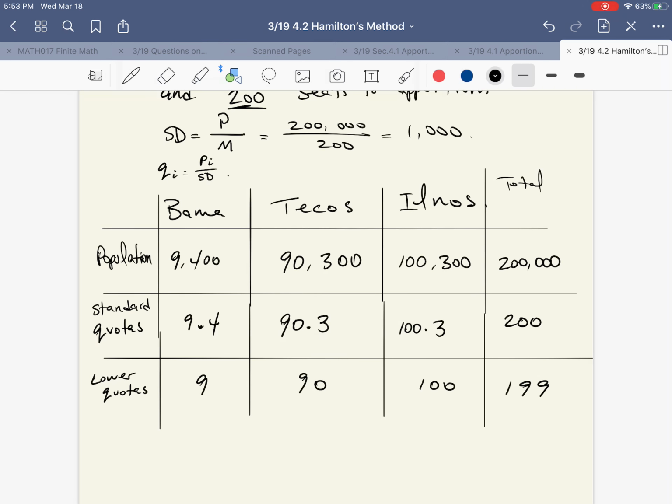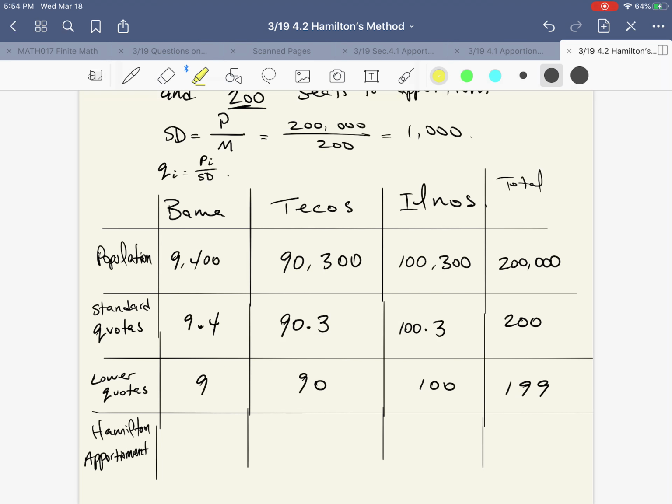And so finally, if we want to calculate how many seats each state should receive using the Hamilton method, Hamilton apportionment: we have one surplus seat, and the highest fractional part was Bama with 0.4, and all the others had 0.3.